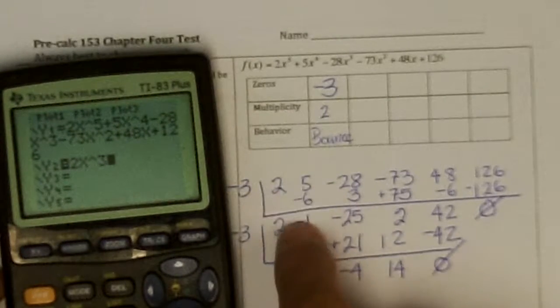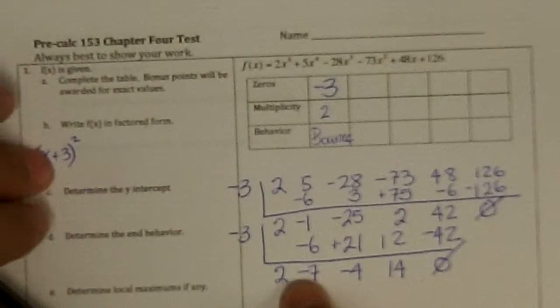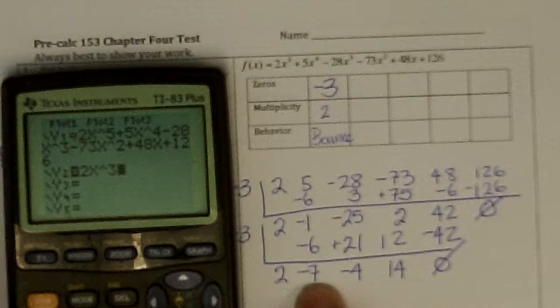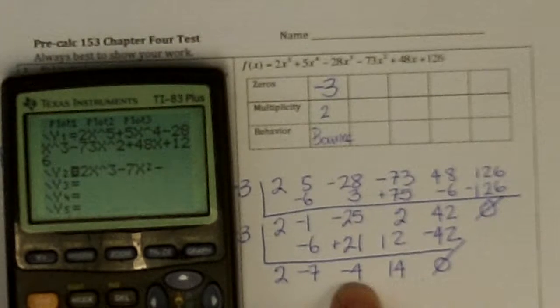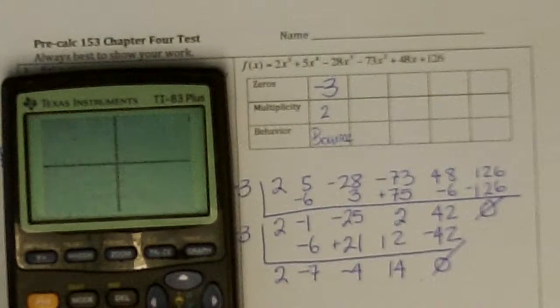Dividing it by x plus 3 once makes it 4th degree. Dividing out another x plus 3 makes it 3rd. So I get 2x to the 3rd minus 7x squared minus 4x plus 14, and I can graph that on zoom 6.